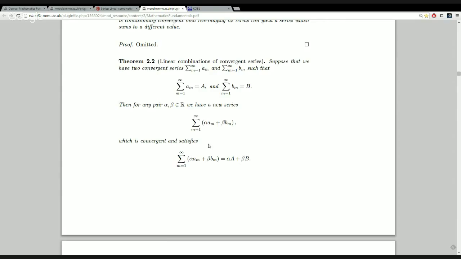We're using our sigma notation, of course. This instruction says add up all the terms alpha am plus beta bm from m equals 1 up to k. This one says, well, separately add up all the a's and then multiply that sum by alpha, and separately add up all the b's and then multiply that sum by beta, and then add the two sums together. Well, that's just two different ways of adding up the same set of linear combinations. You're just moving the terms in the sum around, factorizing the alpha out of all the a's and taking the beta out of all the b's. So it's just algebraic manipulation.